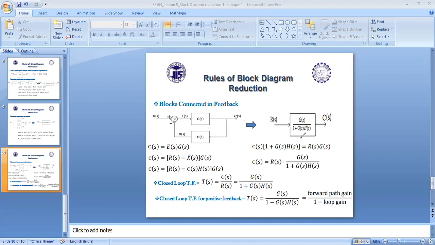How can we write this overall transfer function? See, Cs equals Es into Gs. Now, Es can be written as Rs minus Xs. So Es is substituted by Rs minus Xs, giving Cs equals Rs minus Xs into Gs. Now, Xs is what?